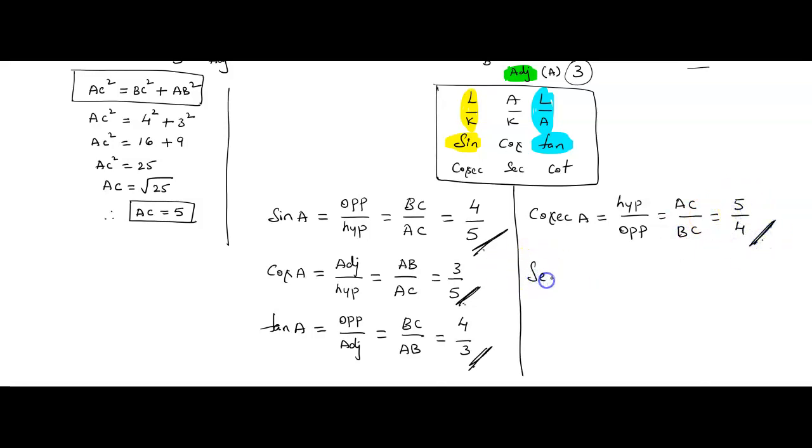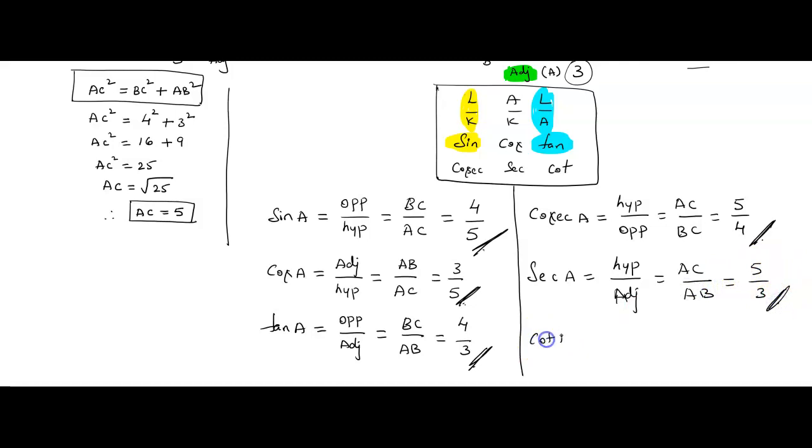And then coming back to secant A. Secant is K by A, that is hypotenuse by adjacent. Hypotenuse is AC, adjacent is AB. That is nothing but 5 by 3.